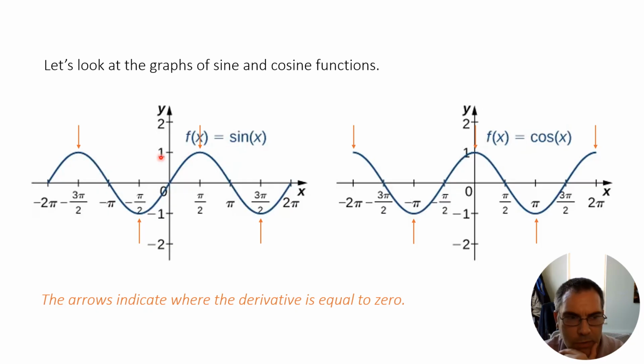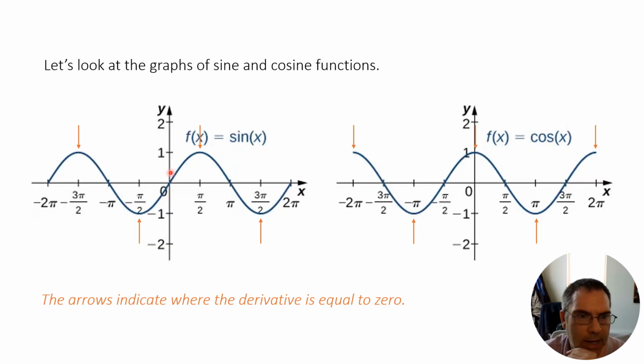So what does that mean for the derivative? It means the derivative is going to be positive, go through 0, negative, go through 0, positive, go through 0, again, negative, go through 0, positive, go through 0. So it's going to be a cyclical function just like the sine. But think about where it starts and what it does from there.